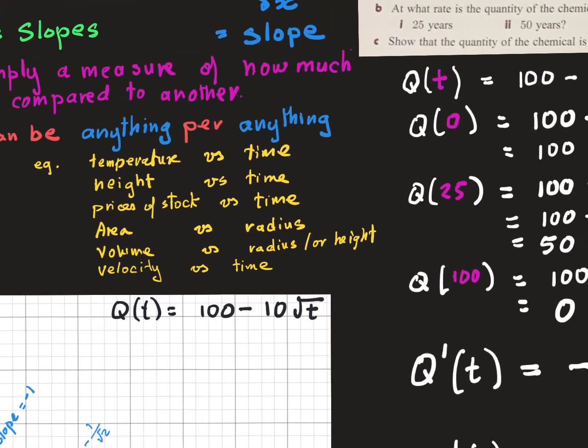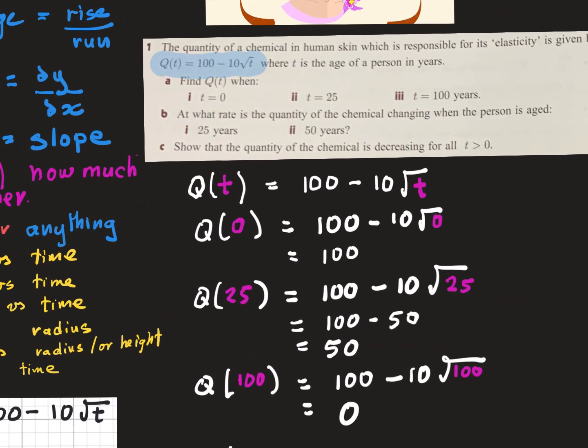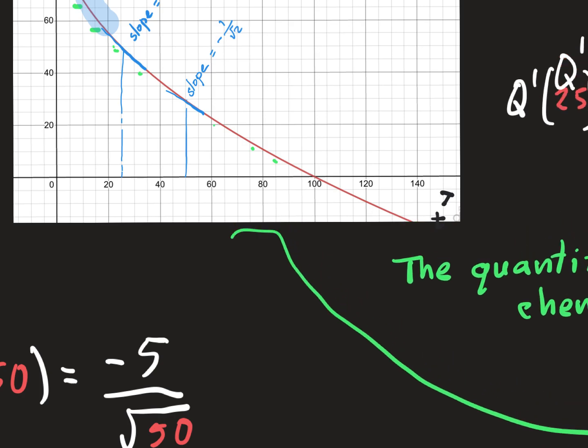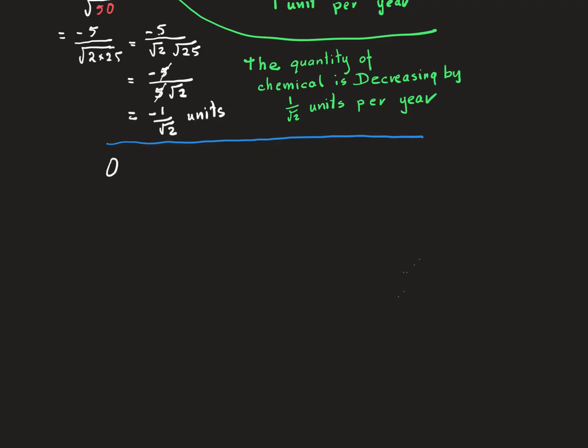Okay, so for our last question, we want to show that the quantity of chemical is decreasing for all t greater than 0. This can only be answered by looking at the derivative function. Our derivative function is this, minus 5 on root t. Well, this means that root t is always greater than 0.